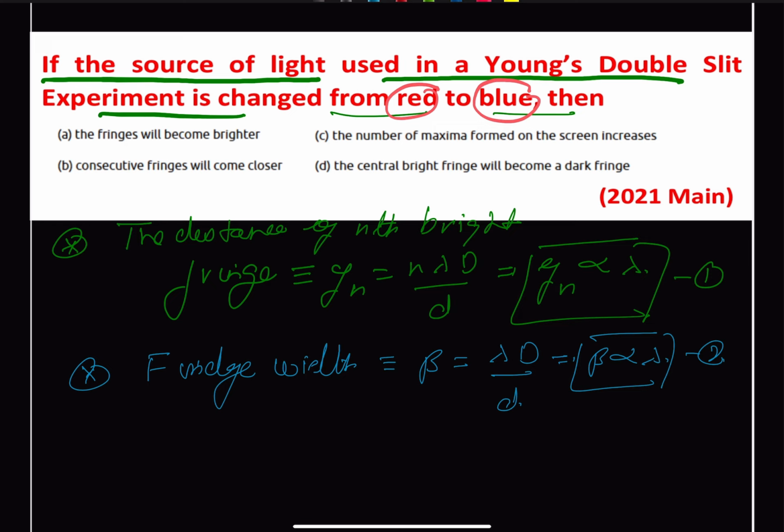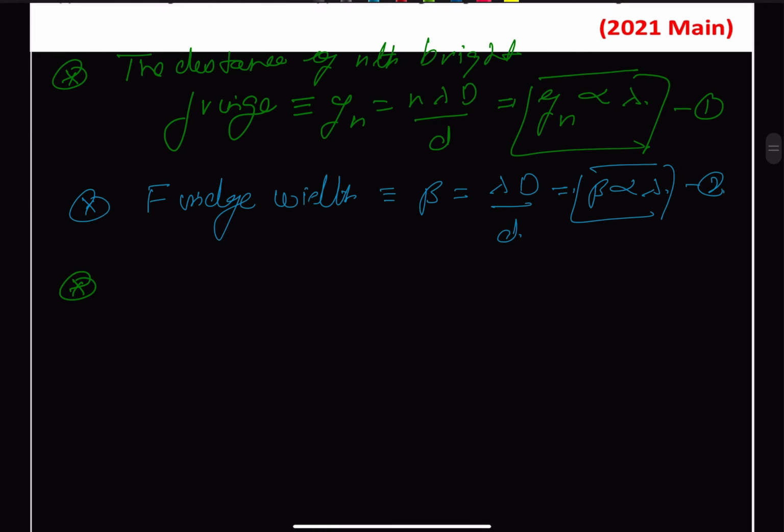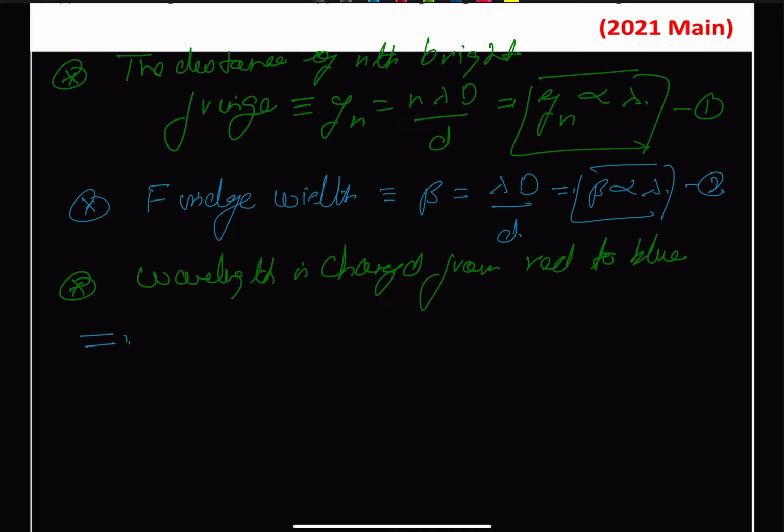Second equation. So here it states that the wavelength is changed from red to blue, which basically means that the wavelength of the light is decreased.